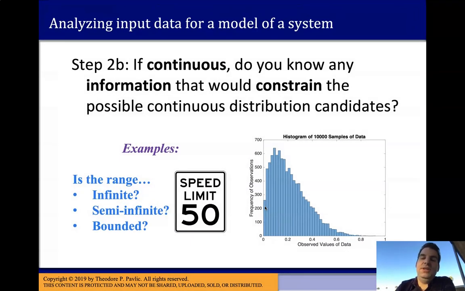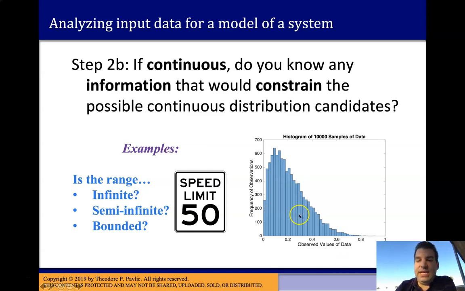So one thing I want to do to put me in the right ballpark of picking a good continuous distribution family is to ask things about the data. Are the data infinite? Do they go in both directions? Am I just as likely to see negative 5,000 as I am to see positive 5,000? Are they semi-infinite?